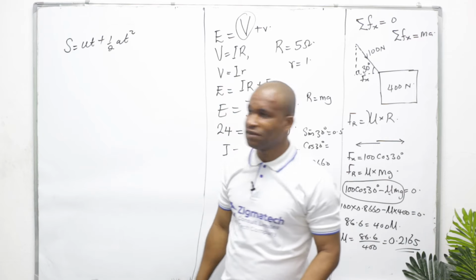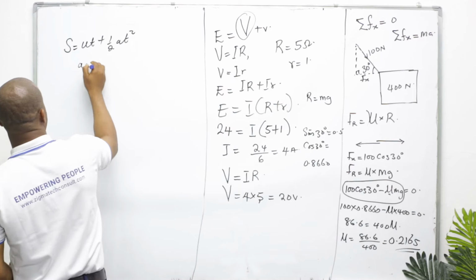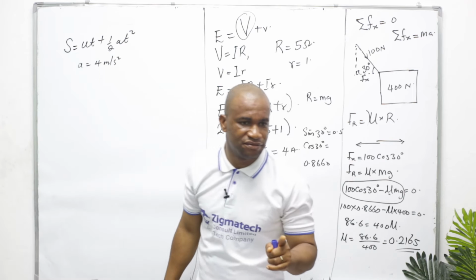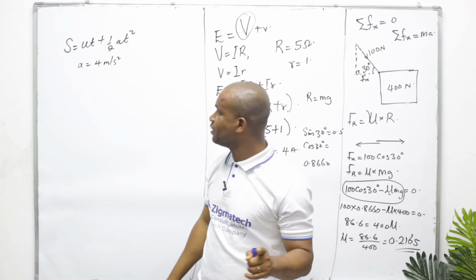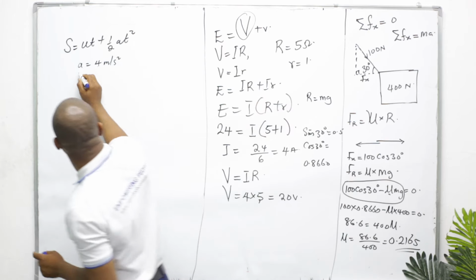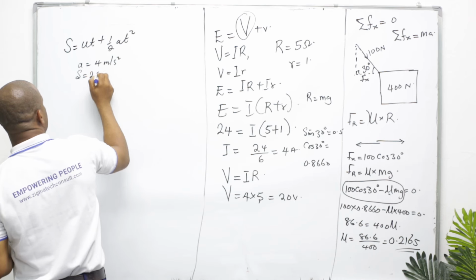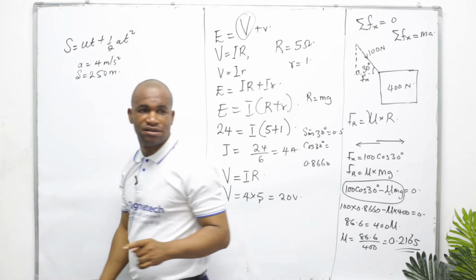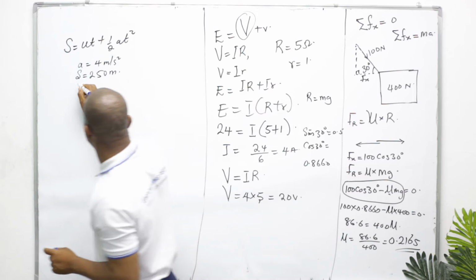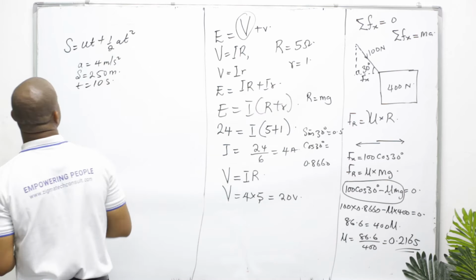So in this case, I have acceleration, A, given as 4 meters per second squared. I have a distance, S, is already there: 250 meters. Time is 10 seconds, T is 10 seconds.